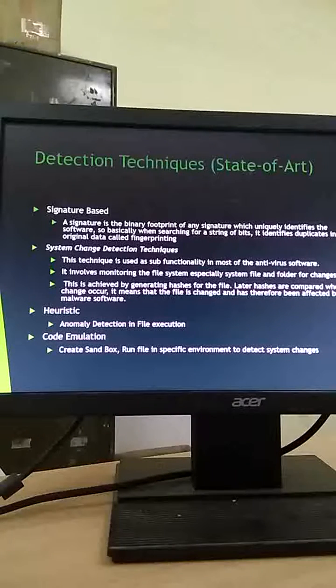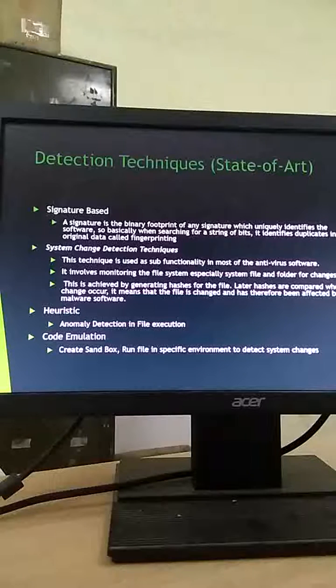Because let's say you have Office and then you update it. As soon as you update it, the hash will change, and the hash which the antivirus has is different, and then it will say that this is a threat alarm, but it's a legitimate application. So that's why this system change detection is usually put in as a sub-functionality.